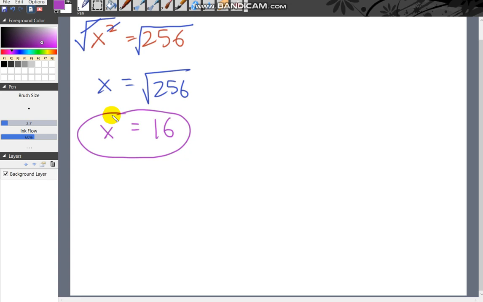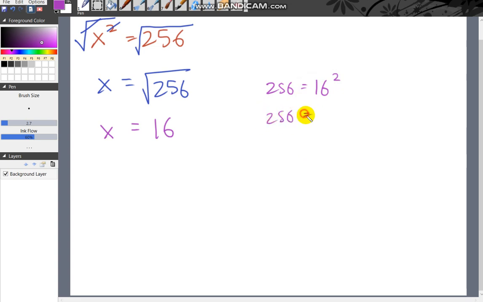Now, I also want to mention something else interesting about square roots. 256 is the same thing as 16 squared. But also, 256 is the same thing as negative 16 squared, because a negative times a negative will get you a positive.